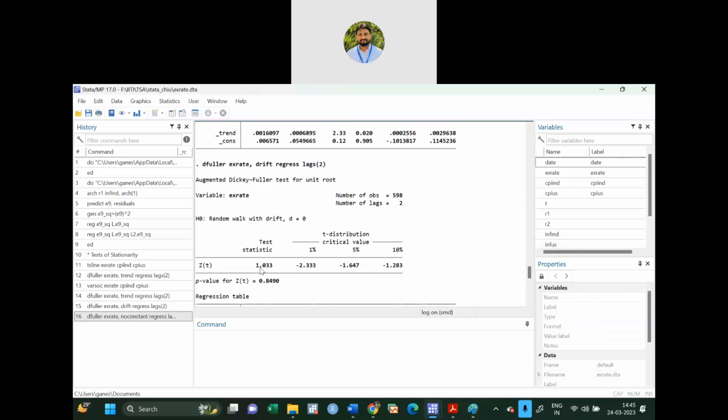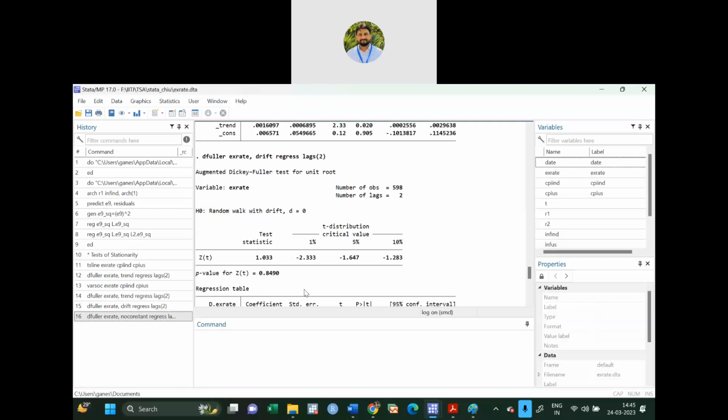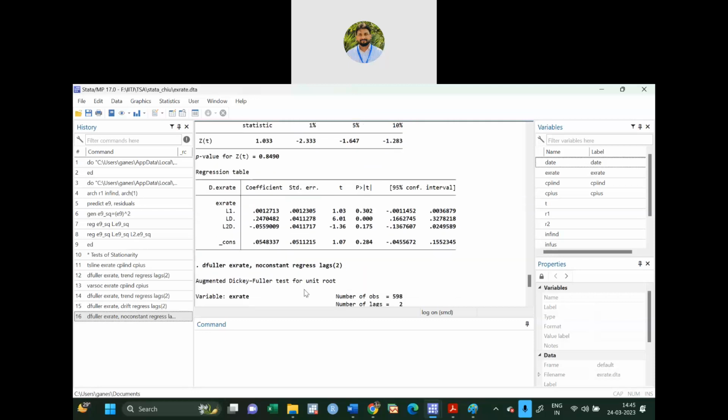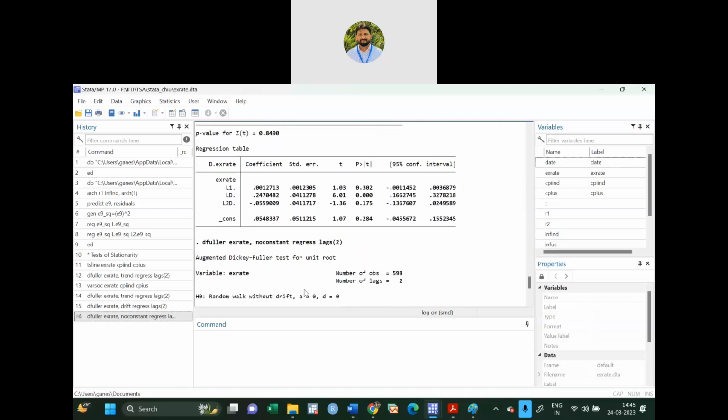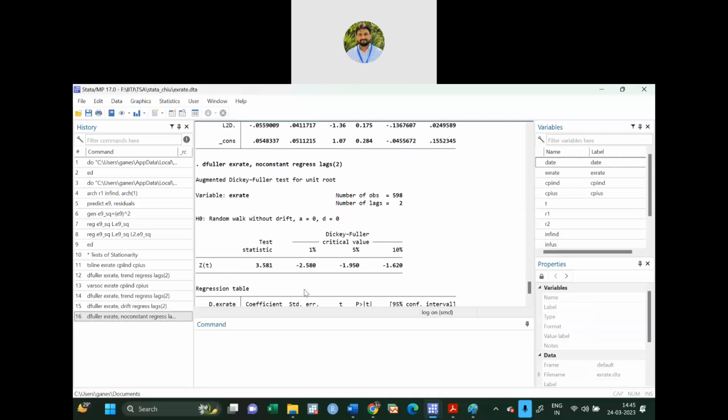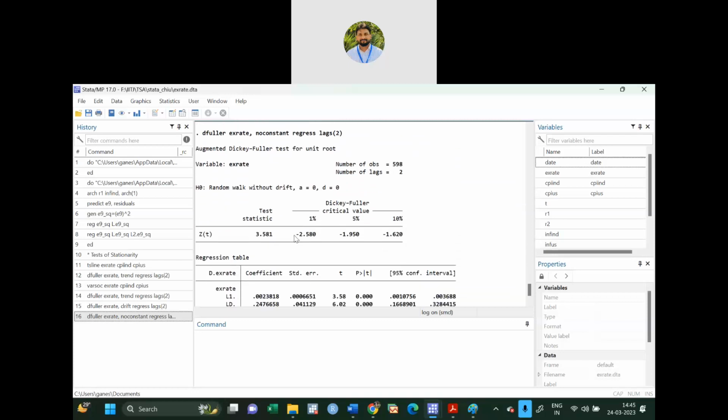With drift, same story. This is positive, and critical values are going to be to the left side of the distribution. So do not reject the null of random walk. Without constant, exactly the same story. So what you find is that the exchange rate is non-stationary in level.